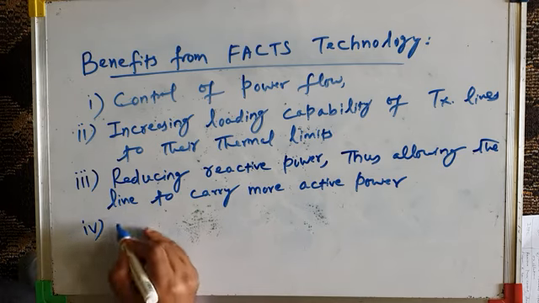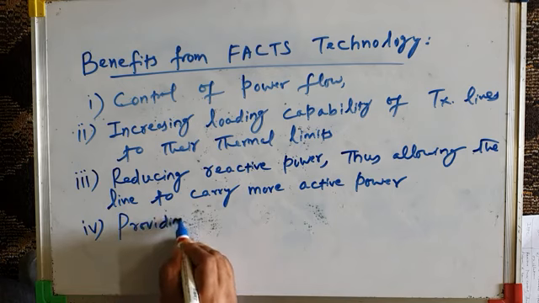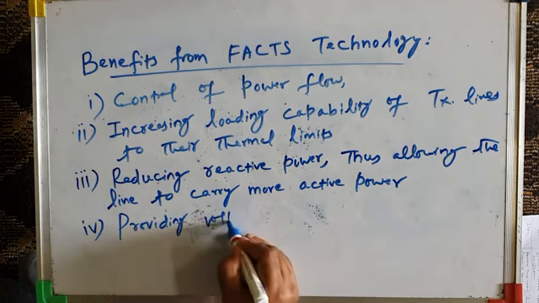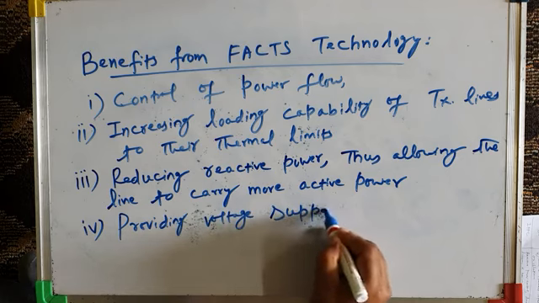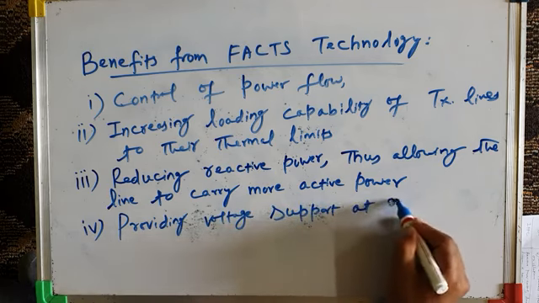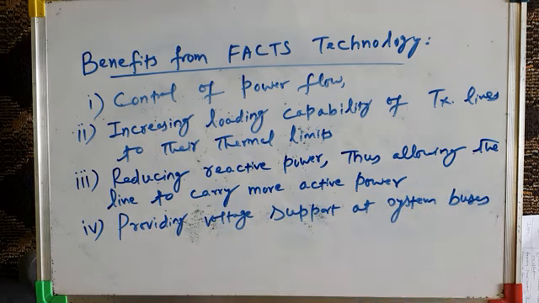The next advantage is providing voltage support at system buses. Sometimes what happens, due to some huge reactive power flow or due to some fault, a particular bus may collapse.